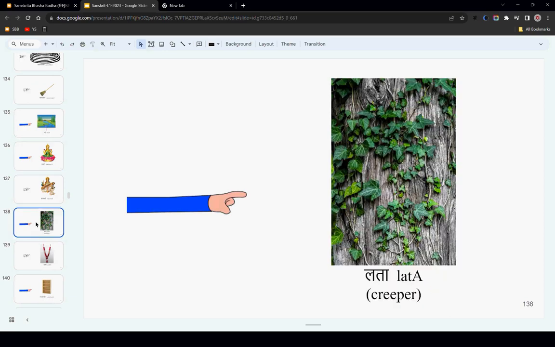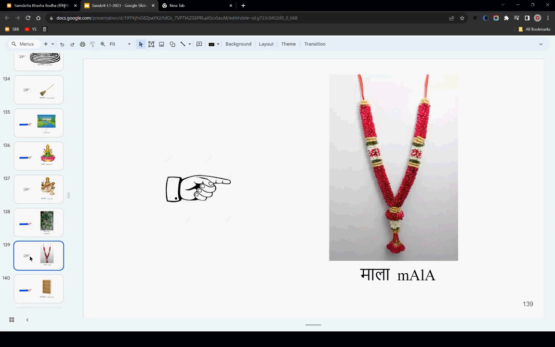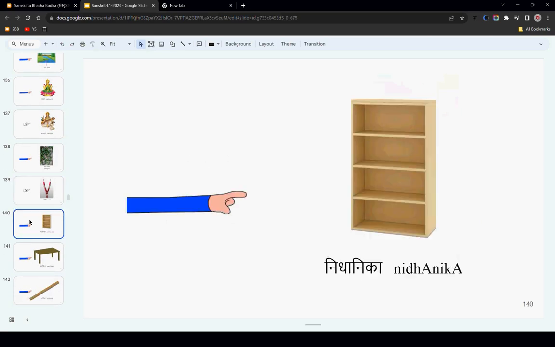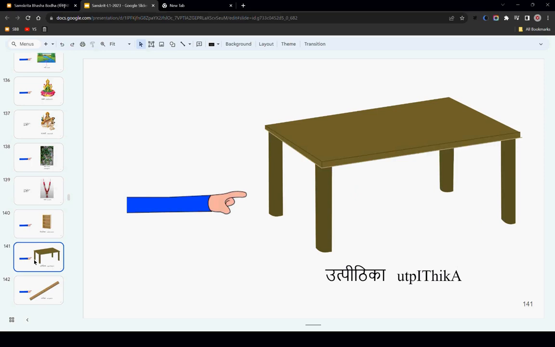Sa, Lakshmi. Then we have Lata, creeper, Sa, Lata, Yasha, Mala, and so on. So there are many words given here.